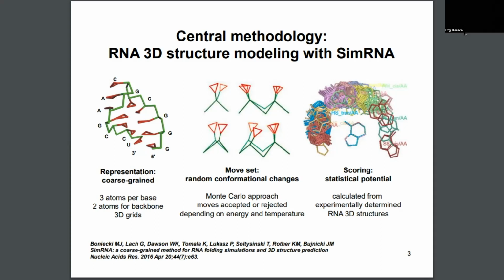The movesets are basically random conformational changes on the level of individual atoms or entire sections of the chain. It's a Monte Carlo approach. We use either simulated annealing or replica exchange Monte Carlo, and the scoring is based on a statistical potential with parameters extracted from experimentally determined structures. So pretty much like the old school methods for protein structure modeling that dominated the field many years ago, but still, it's still working for RNA.